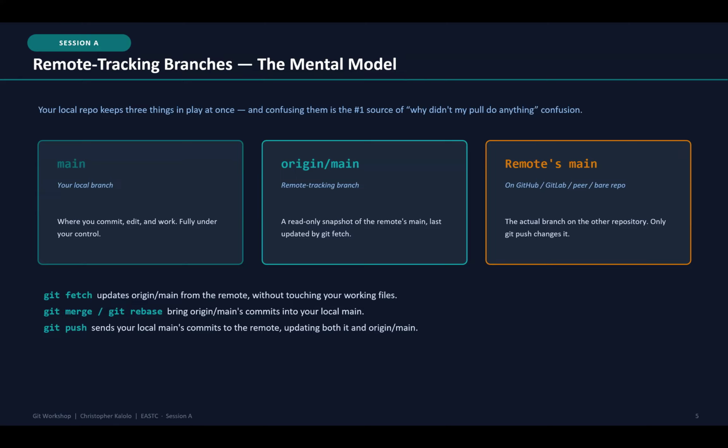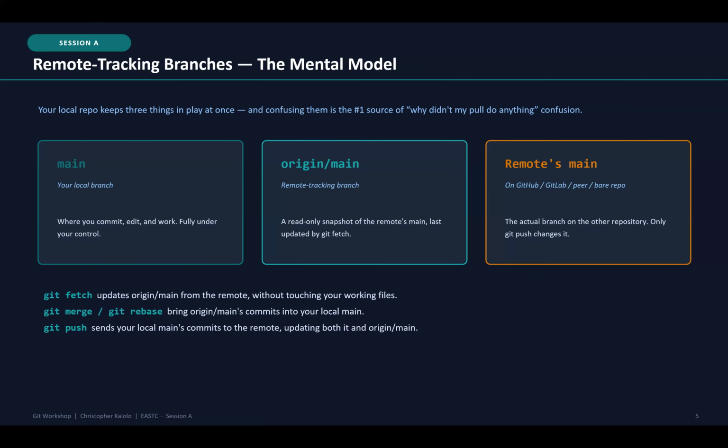And what will happen is that you will need to merge or rebase in order for those commit history from the remote branch to come into your local branch. So this is how this interacts.